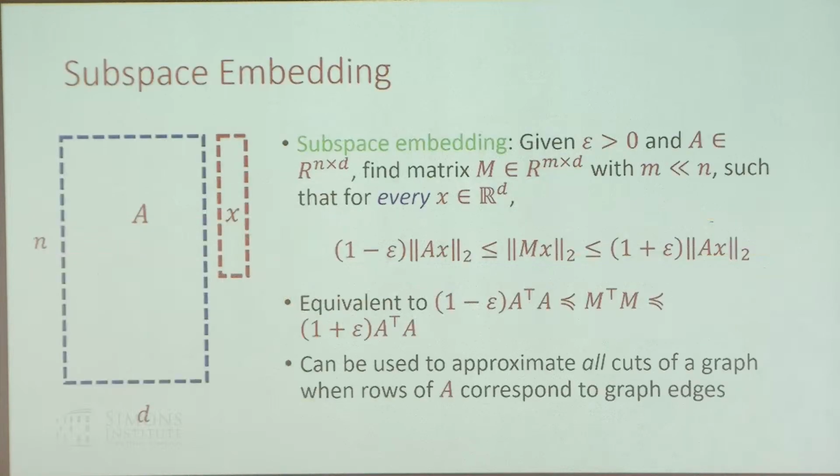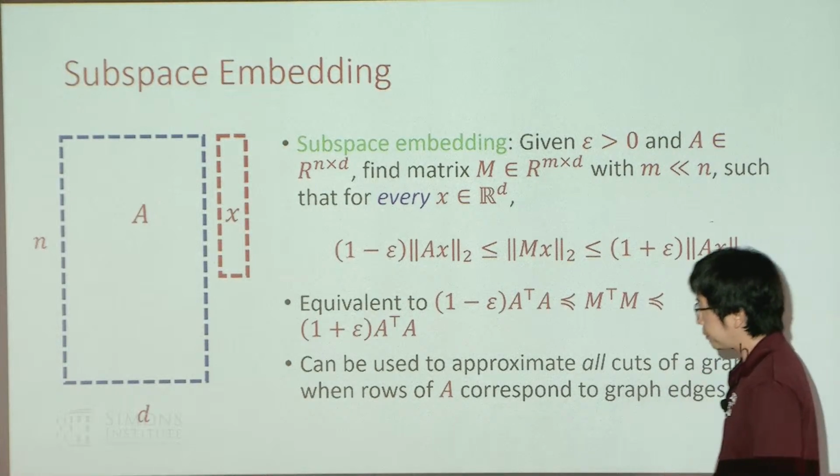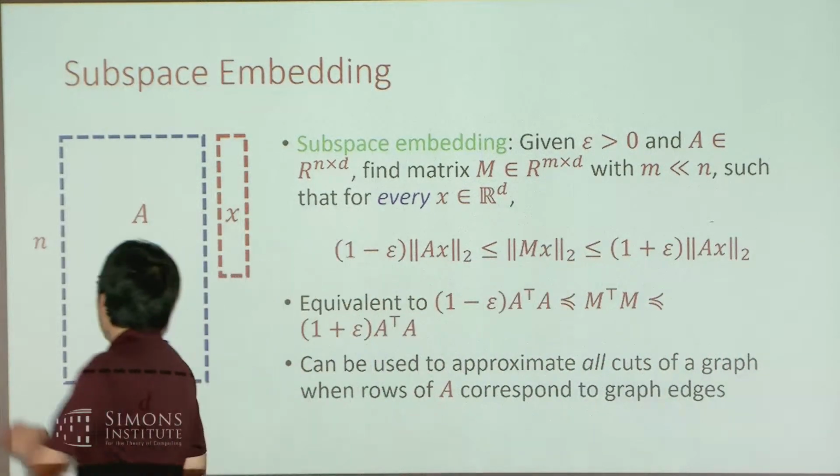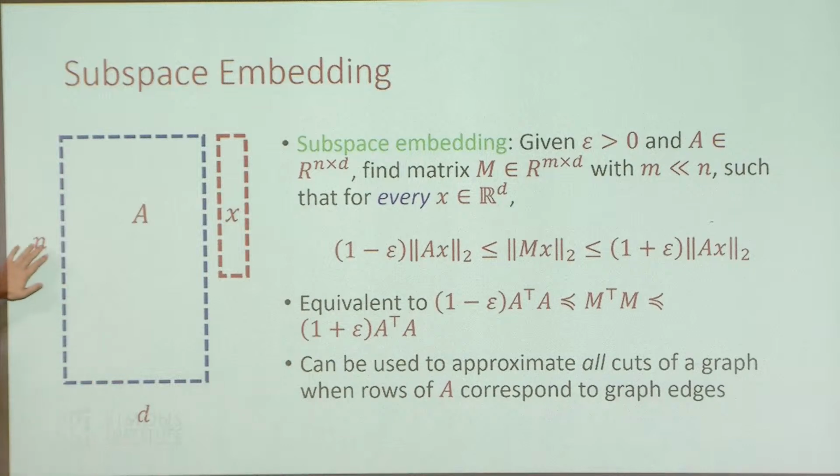OK. So this, I guess, is a graph sparsification workshop. So I should talk about graph sparsification. One other application of our techniques is subspace embeddings. So in this problem, we have a matrix A. It's n by d. The n rows arrive one at a time. It's analogous to clustering because you can imagine your n points in d-dimensional space arrive one at a time.